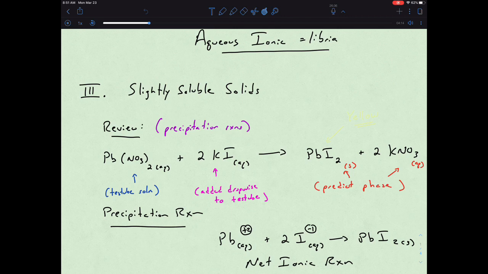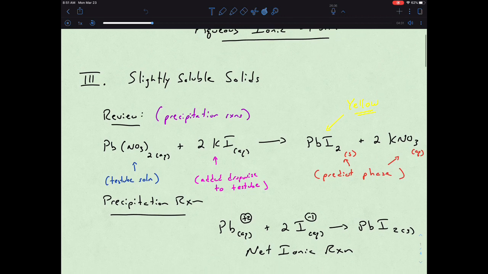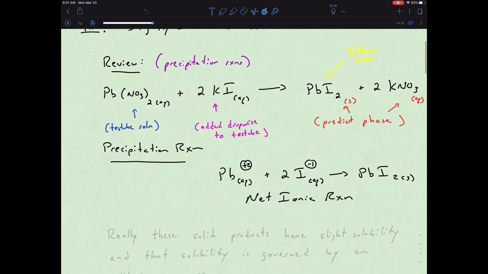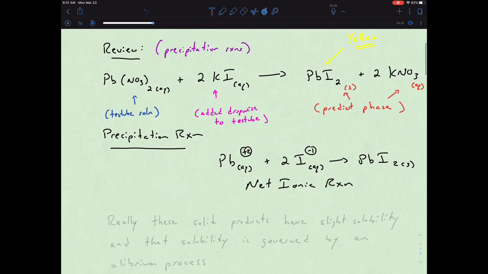What we ended up with was our lead iodide, which was that brilliant yellow color. And that's the general, quick review of precipitation reactions.